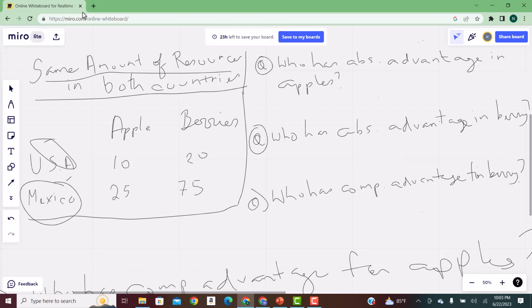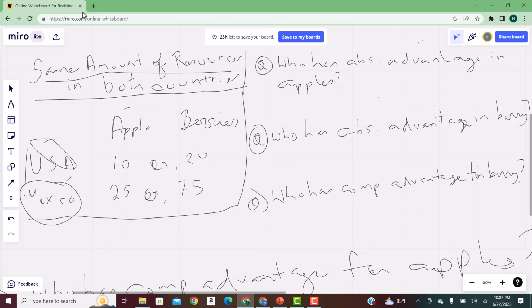With that same amount of resources, USA can either produce 10 apples or 20 berries. On the other hand, Mexico can produce 25 apples with the same amount of resources, or 75 berries. So this is given to you.